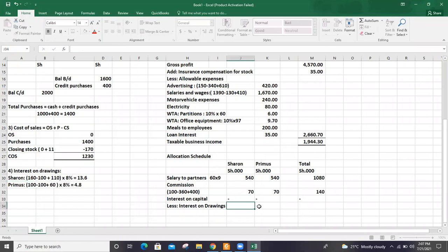So for Sharon we have negative 13.6, and for Primus negative 4.8. The total interest on drawings becomes 18.4.